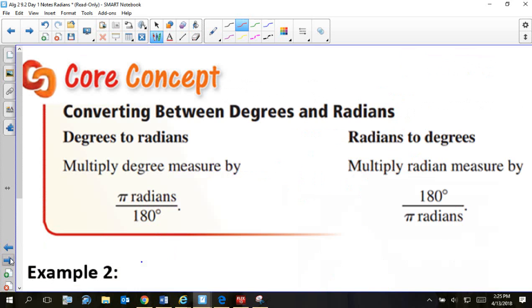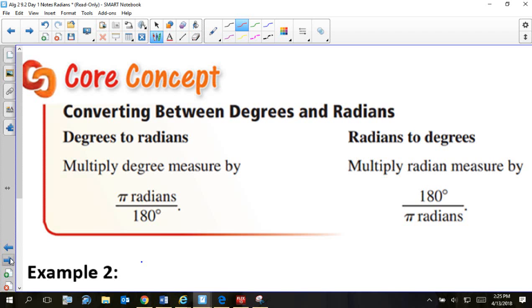So to convert between degrees and radians, or radians to degrees, we use 2 things that are equal. Pi radians is equal to 180 degrees. 180 degrees is equal to pi radians. When I put them on top of each other, the value of this fraction is 1. These are equal.